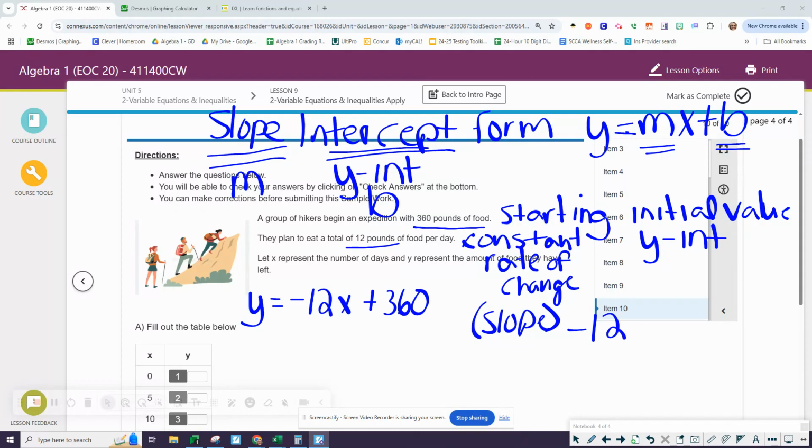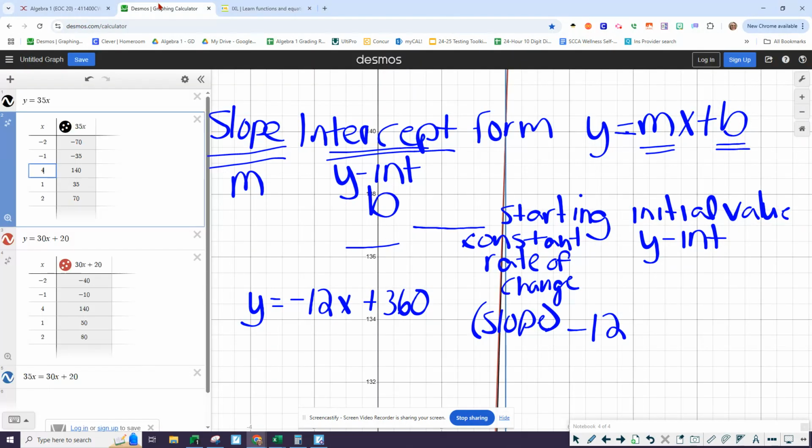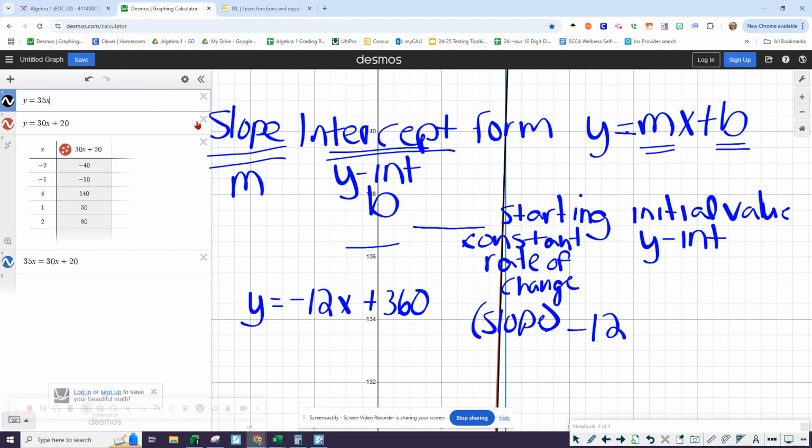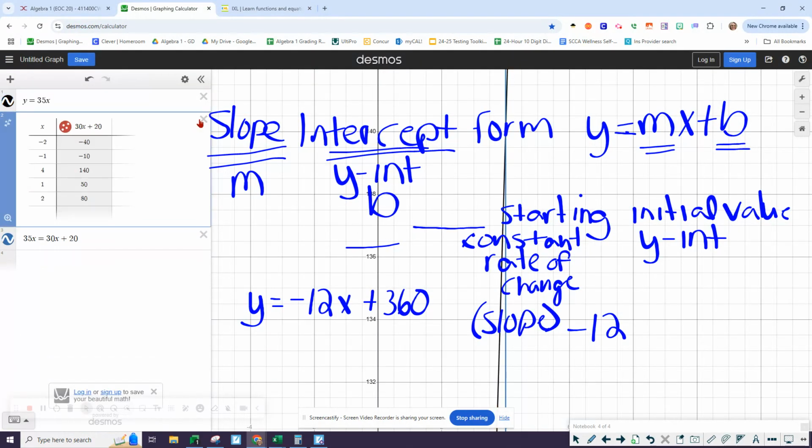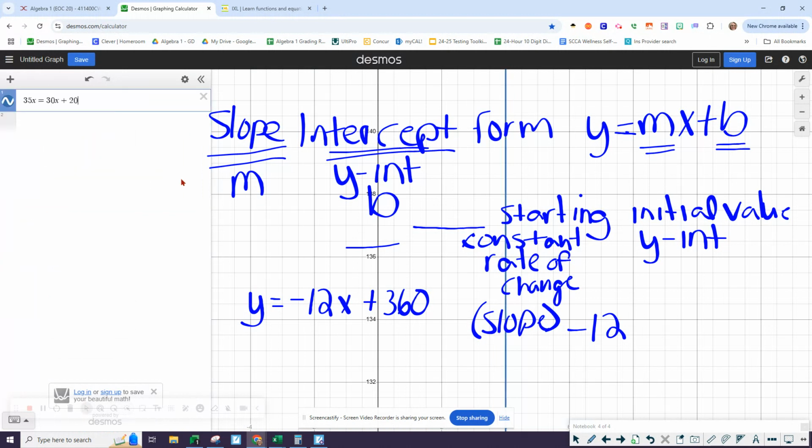Now you can put that into Desmos. Let's go ahead and do that. I'm going to leave the wording on here and put that into Desmos, and get rid of everything else that we've done here. Okay. Our equation is y equals negative 12x plus 360. All right.